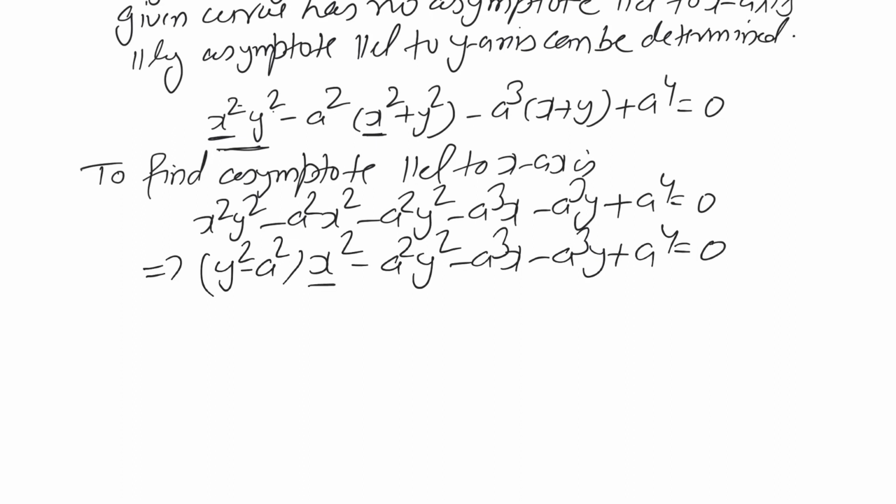Now highest degree in x is 2 and its coefficient is y square minus a square. So we shall equate the coefficient to 0 to find the asymptote parallel to x-axis. So this implies that y square minus a square is equal to 0, which implies y square is equal to a square.